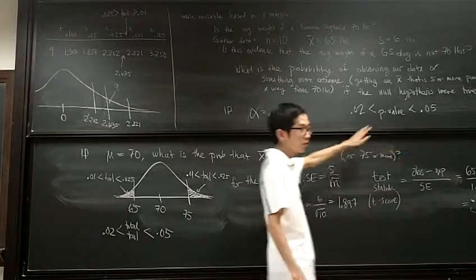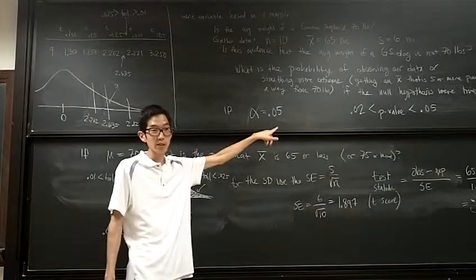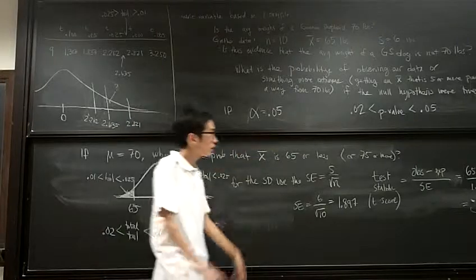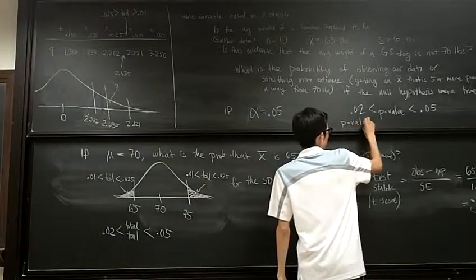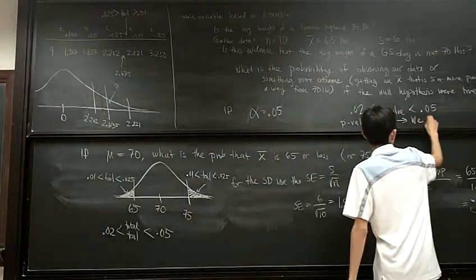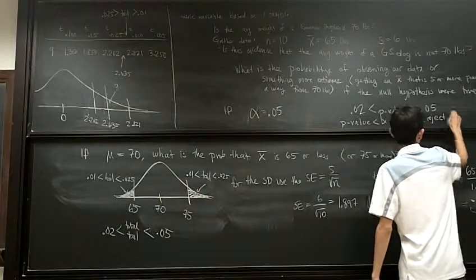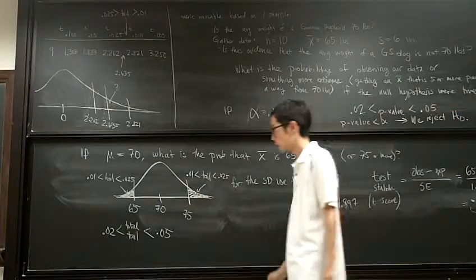So even though I don't know what it is, I do know my p-value is less than alpha. So in that case, what do I do? My p-value is less than alpha, so that means we reject the null hypothesis.